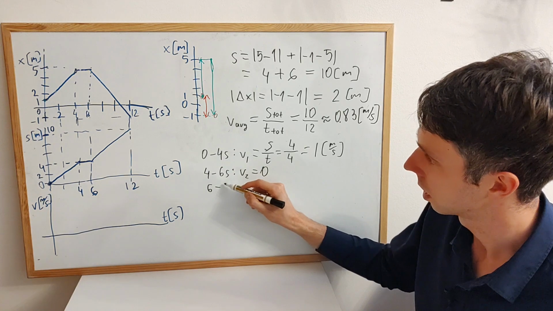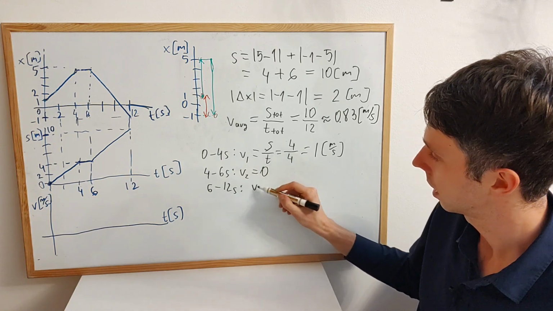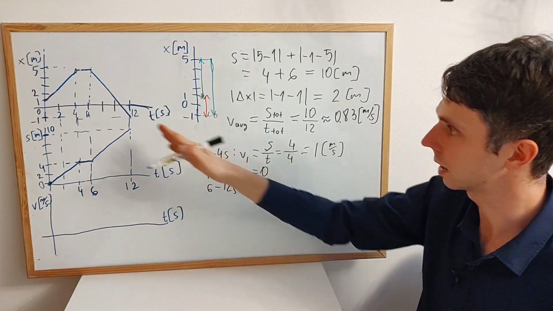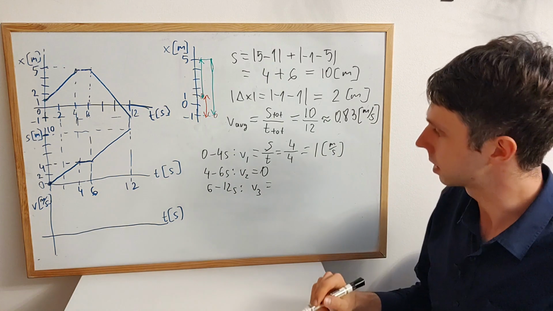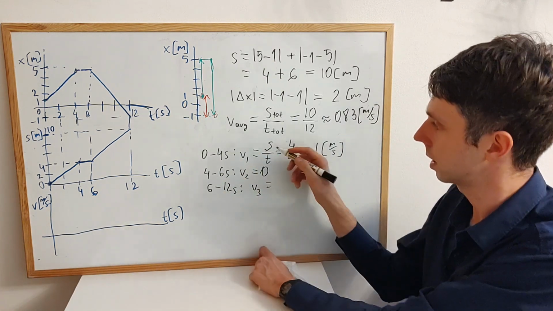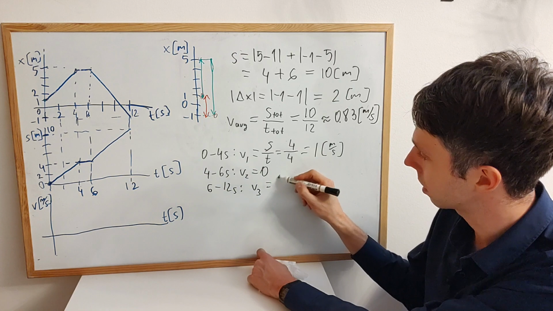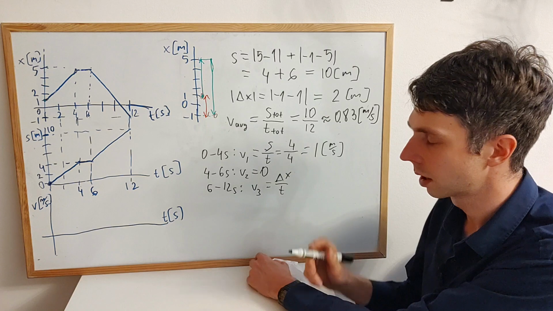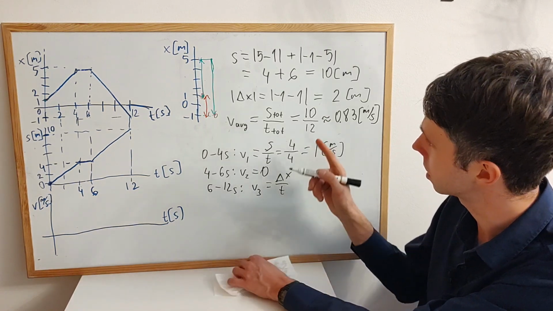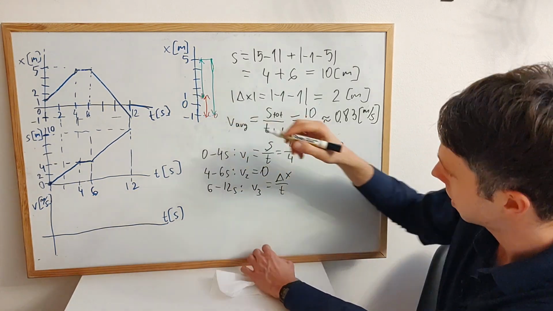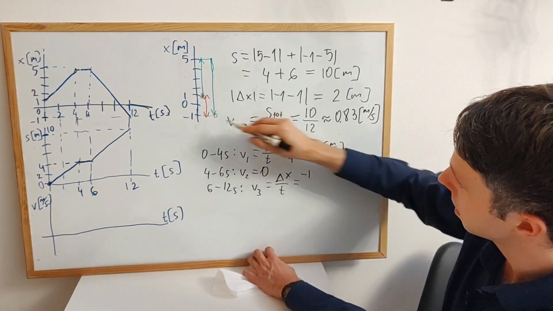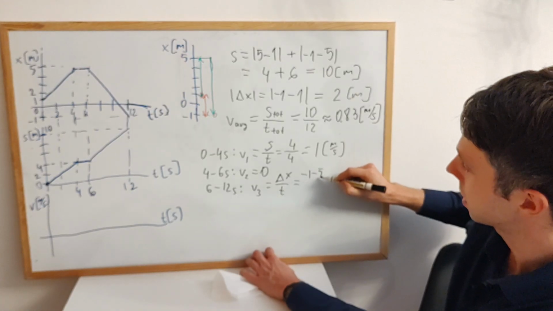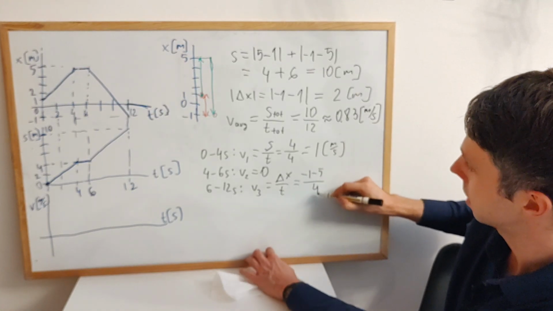From 6 to 12 seconds, so it's the third interval, the speed is also calculated as, or better, let's think of it as change in x over t, okay? Because here we can say that change in x is -1 minus 5, so final position minus initial position, divided by 4.